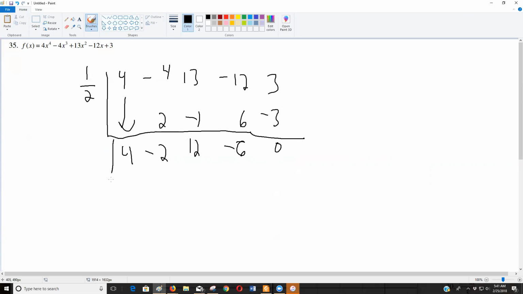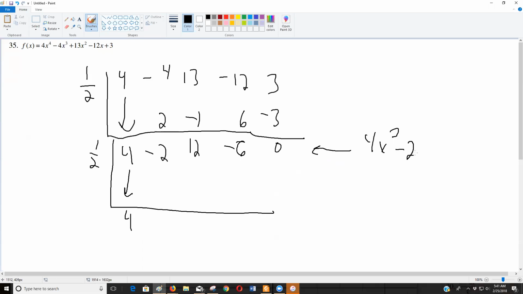Now, this counts twice. This is multiplicity 2, so I'm just going to run the 1/2 through again. 4, 4, and I'm not going back to the original, because if I do that, I still have an x. This line of the synthetic division would be 4x to the third minus 2x squared.